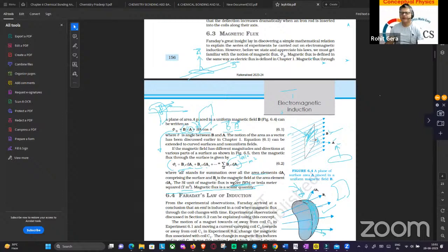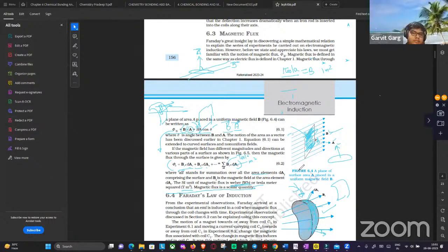When a magnetic field of 1 Tesla passes through 1 meter square, we say the flux contained in the loop or the area is 1 Weber.